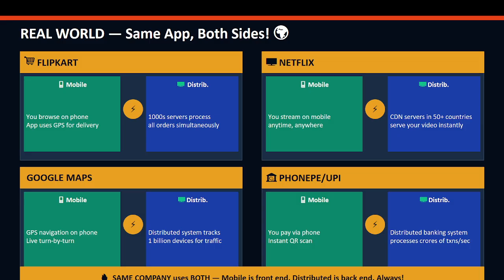Notice the pattern. Mobile is always the front end, the part you touch and see. Distributed is always the back end, the part doing the heavy lifting invisibly. They are not rivals, they are partners, best friends actually.